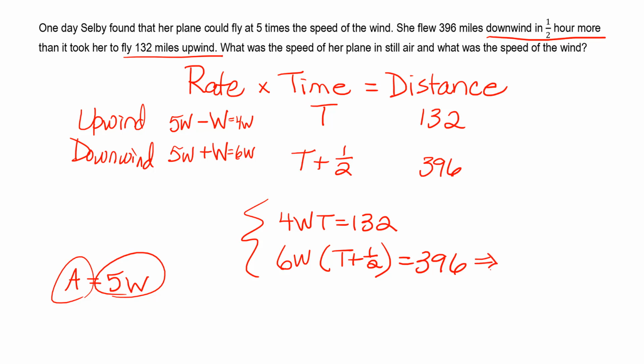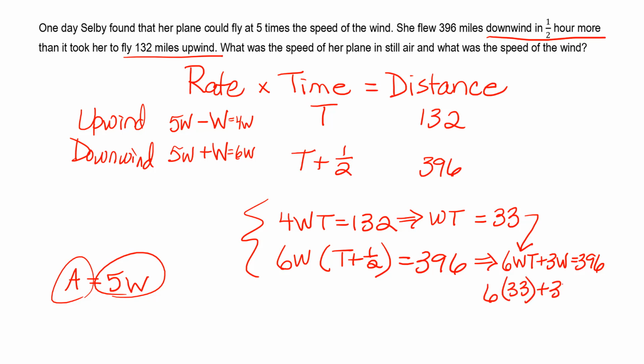If I go ahead and use the distributive property on the second one, I'll have 6WT plus 3W equals 396. I know that 4WT is 132, so I'm going to solve for WT by dividing by 4. So that's going to give me 33 for WT, which I'm going to put in right there. So 6 times 33 plus 3W is 396. If you multiply 6 times 33 and subtract that from 396, you get 198.